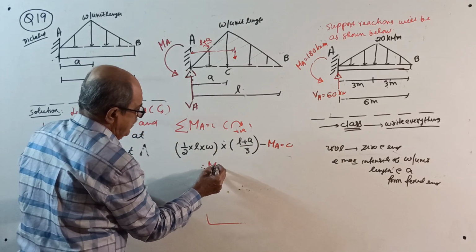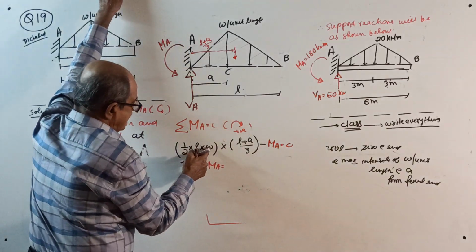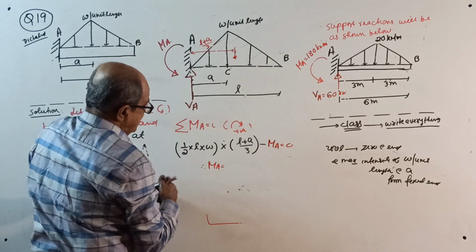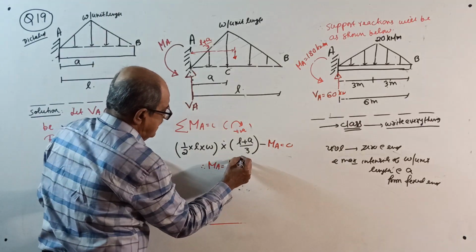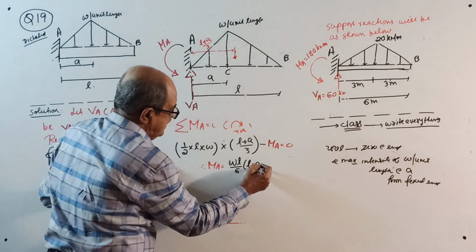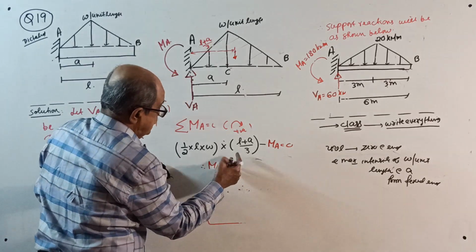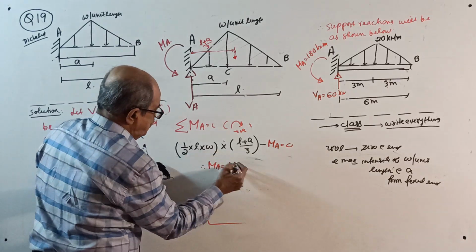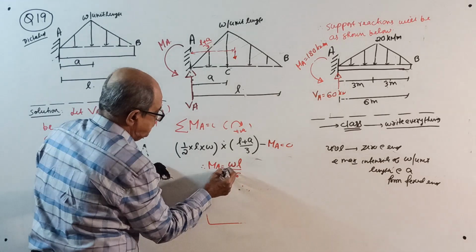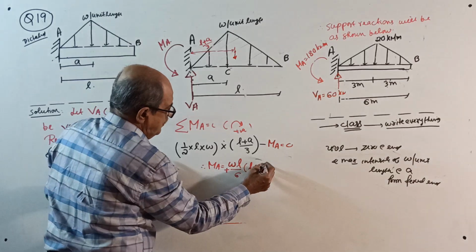Therefore, your MA will come WL by 2 into 3, 6, WL by 6 into L plus A. WL by 6, plus, because it goes that side, into L plus A will come.